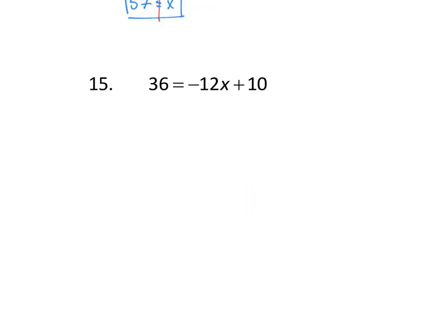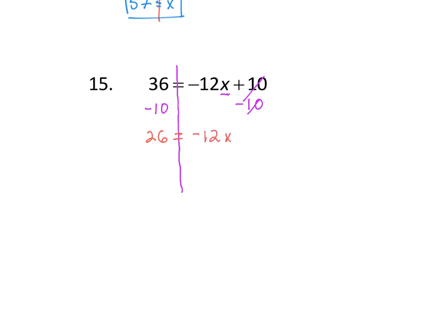All right, and number 15 here, draw your line down the equal sign, find your variable, there it is. Make a plan. It looks like we need to subtract that 10 from both sides first. They cancel. I've now got 26. Oh, and there was a typo on this one, but you know what? Fractions do happen in the real world, so that's okay.